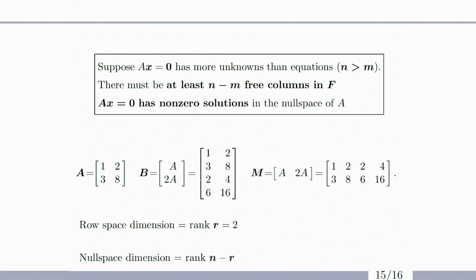Oh, then this is the little point I made. Well, it's an important point. Suppose I have 5 columns and only 3 rows. That means I've got 5 unknowns and only 3 equations. So there are going to be solutions other than the 0 solution.